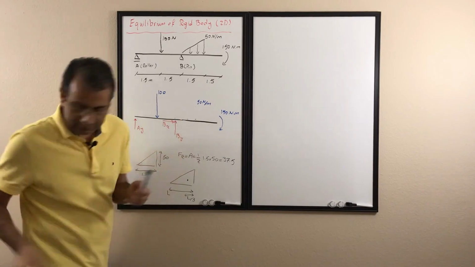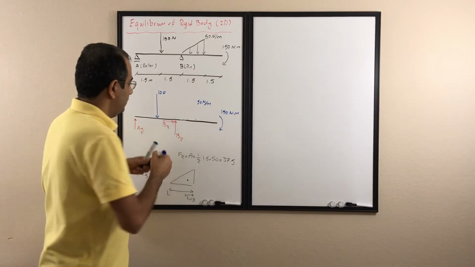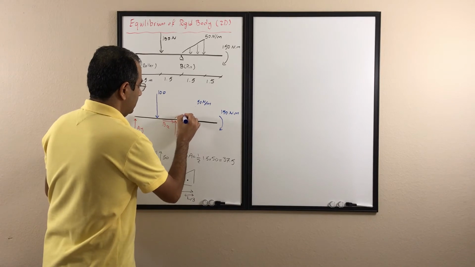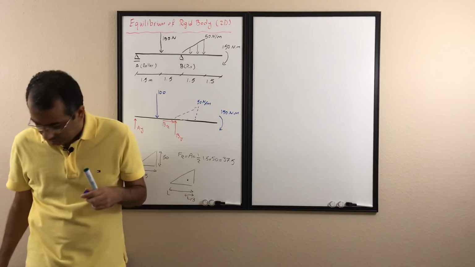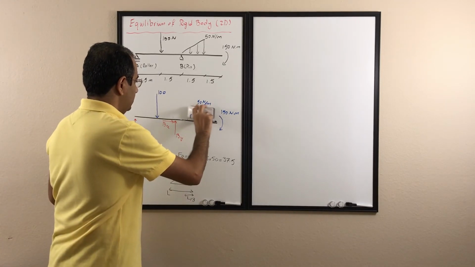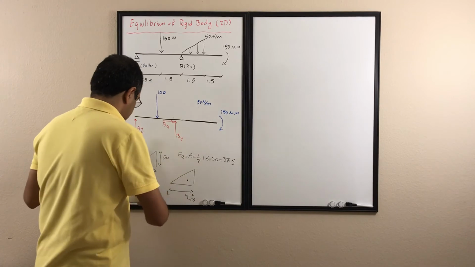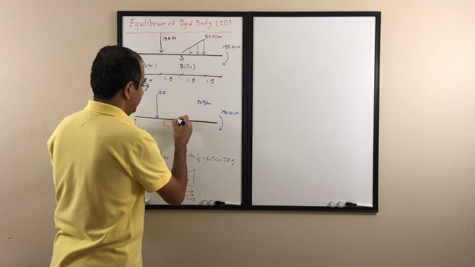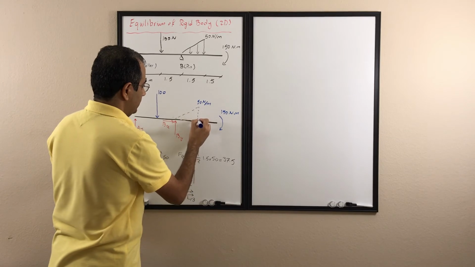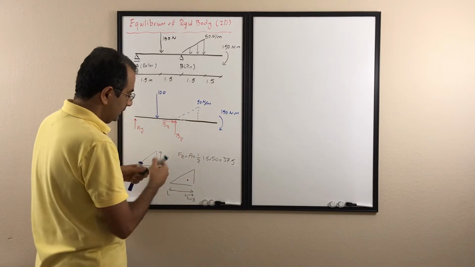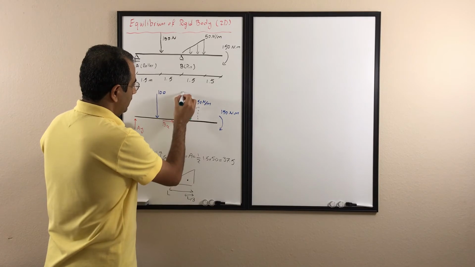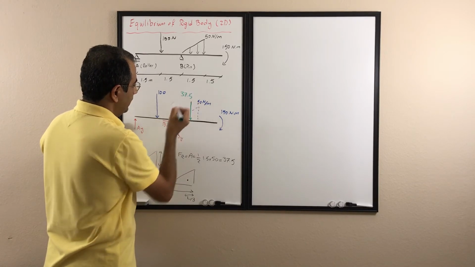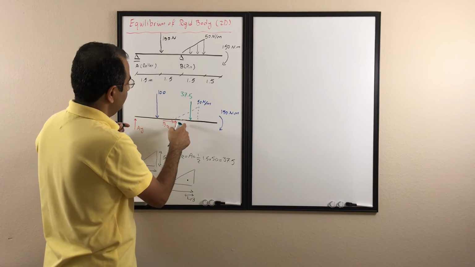I keep the outline in place, so I have the distributed load here, and I replace it with a single load whose magnitude is 37.5, and the location is going to be applied as follows.